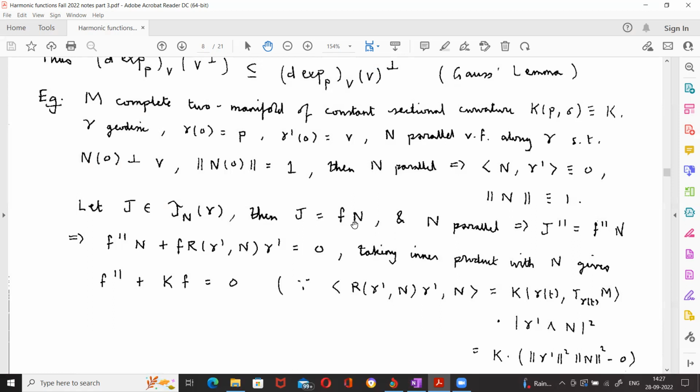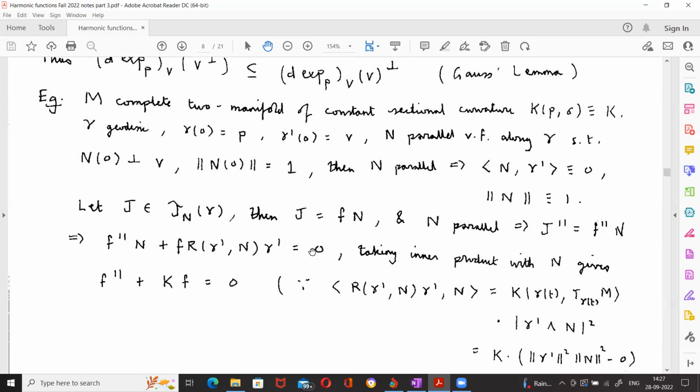Since N is parallel, J double prime will be F double prime times N. So what does the Jacobi equation become? It becomes F double prime N plus F times R of gamma prime N gamma prime equal to 0.